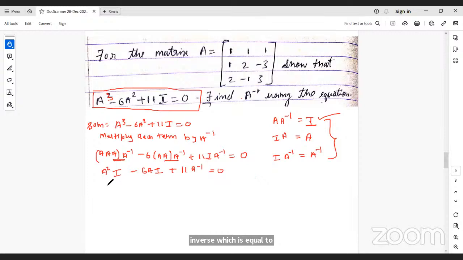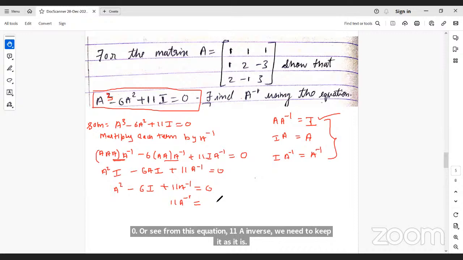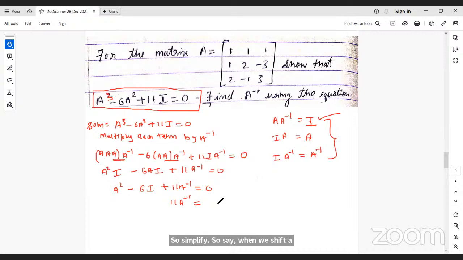Next, one more step we need to do here. The step is A square into I. A square into I will again be equal to A square. 6A into I, we discussed the second formula. A into I is equal to A, and 11A inverse will remain as it is, which is equal to 0.